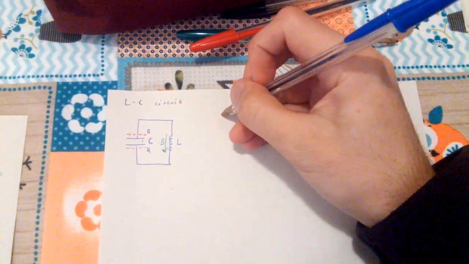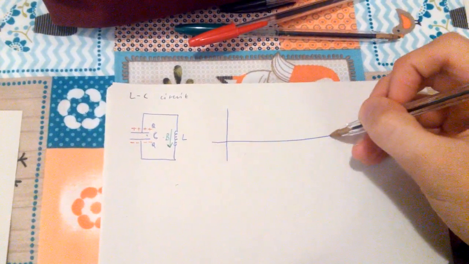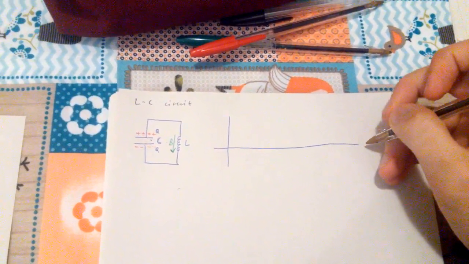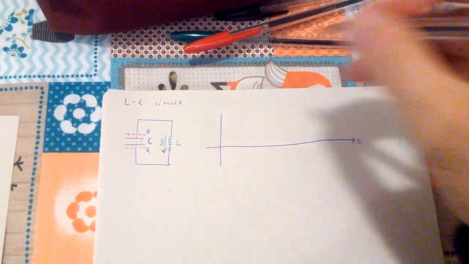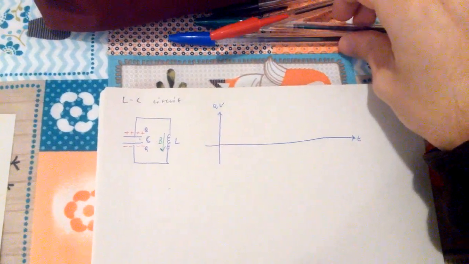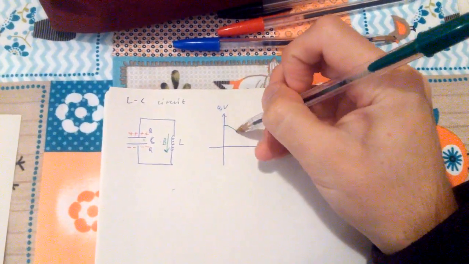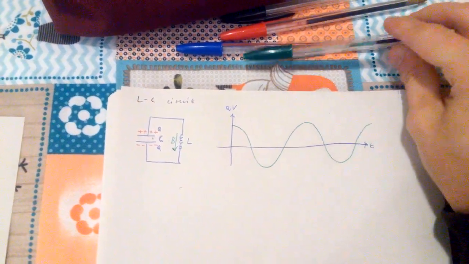So if we were to plot this in a graph where I have the time here and Q or V here, I will have something that looks like this. Why sinusoid?